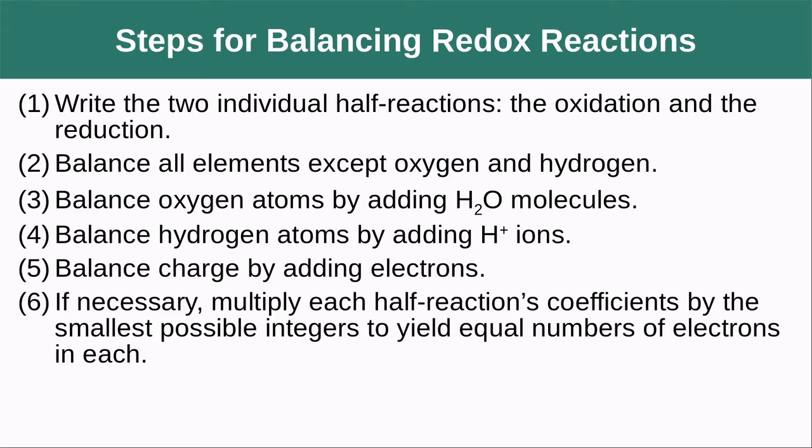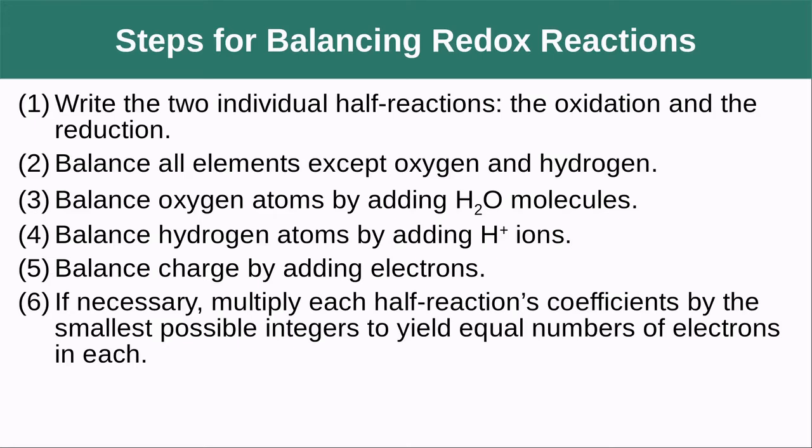Rule number 1, we're going to write two individual half reactions, the oxidation and the reduction. We're going to balance all the elements except for the oxygen and the hydrogen. We'll balance the oxygens by adding H2O molecules. We'll balance the hydrogens by adding proton ions.